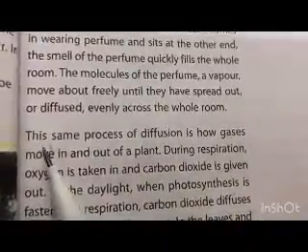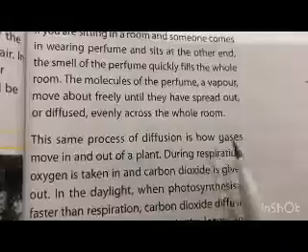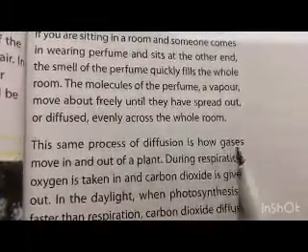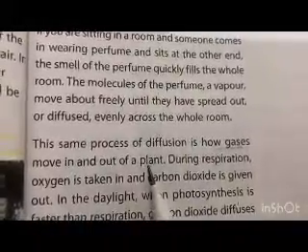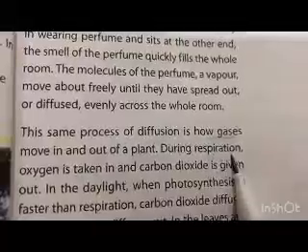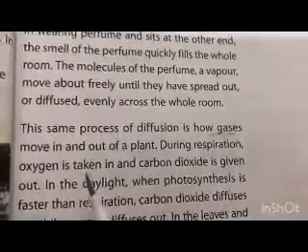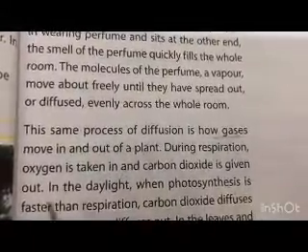They are saying that the same process of diffusion is how gases move in and out of plants. So they are giving you the example of how gases are moving in and out of the plant. During the process of respiration, oxygen is taken in and carbon dioxide is given out.